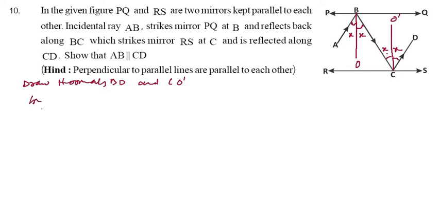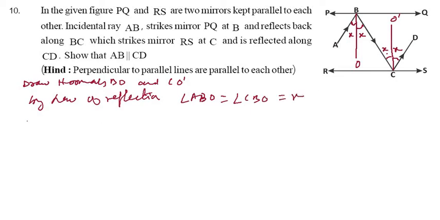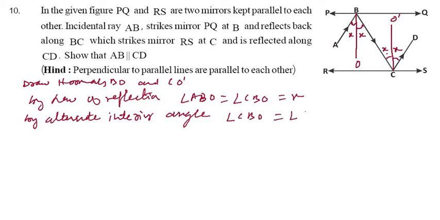By law of reflection, angle ABO will be equal to angle CBO, and that is X. And by alternate interior angle, angle CBO is equal to angle BCO dash.